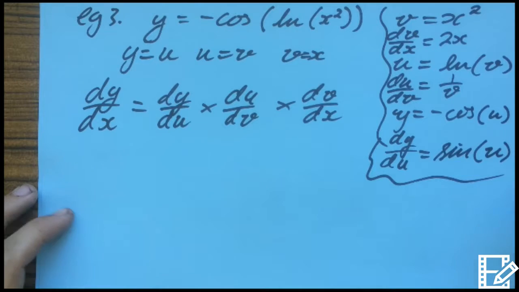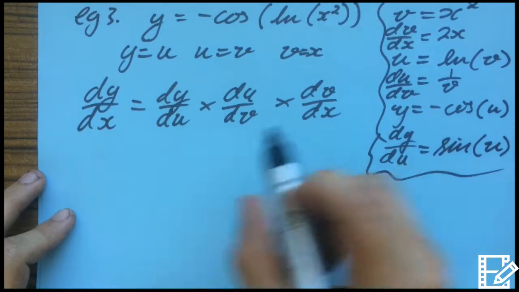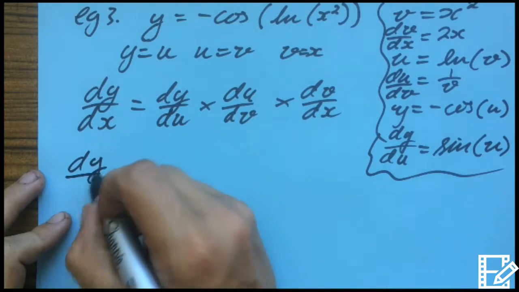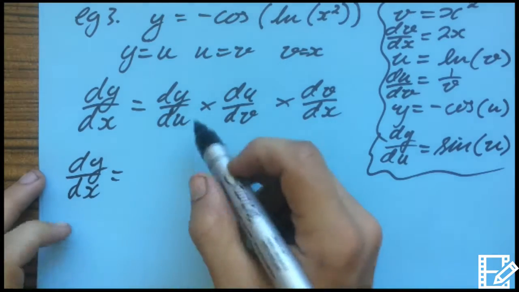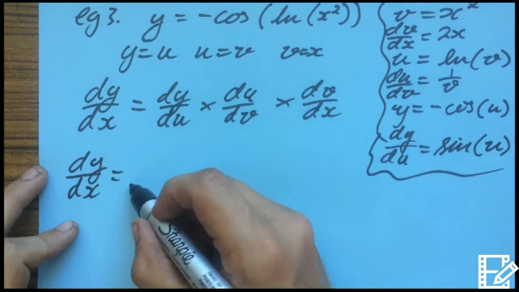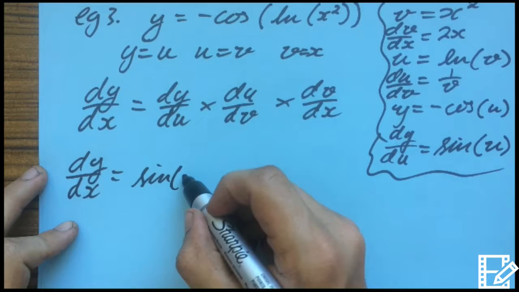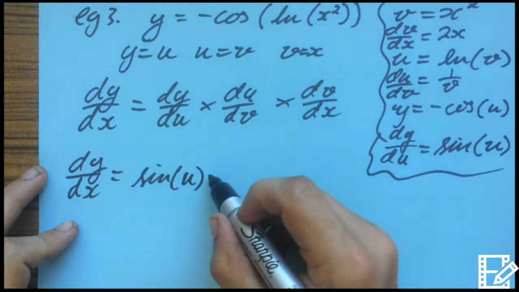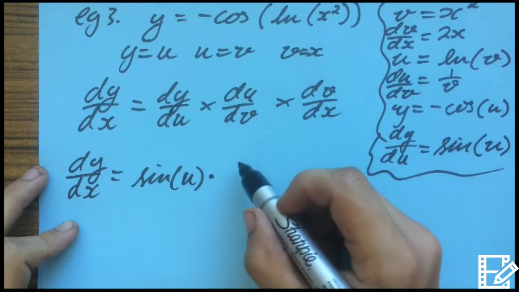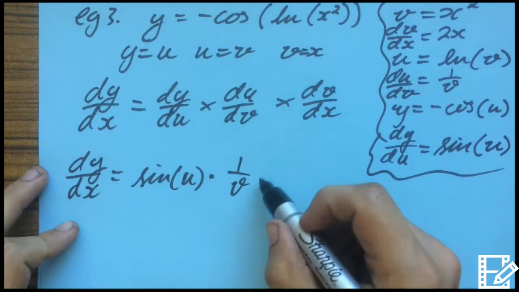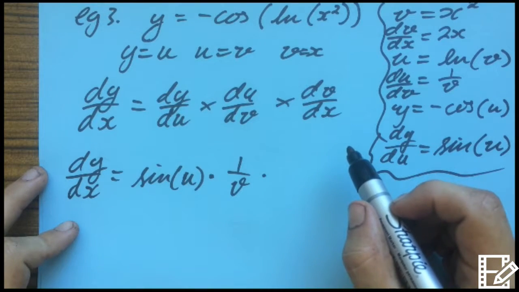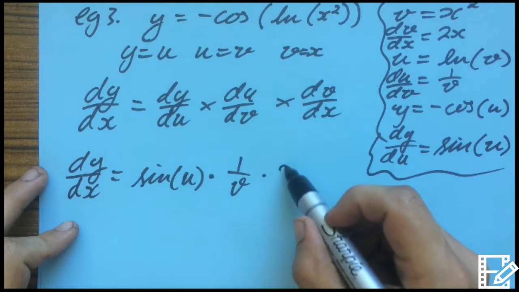So if we were to sub these values in, dy over du is sine u, multiplied by du over dv, 1 over v, multiplied by dv over dx, 2x.